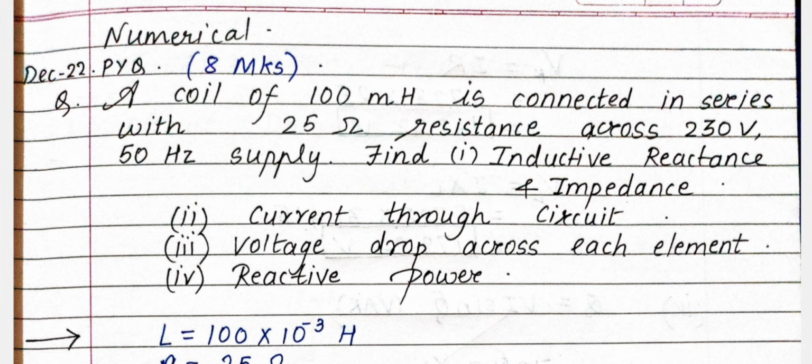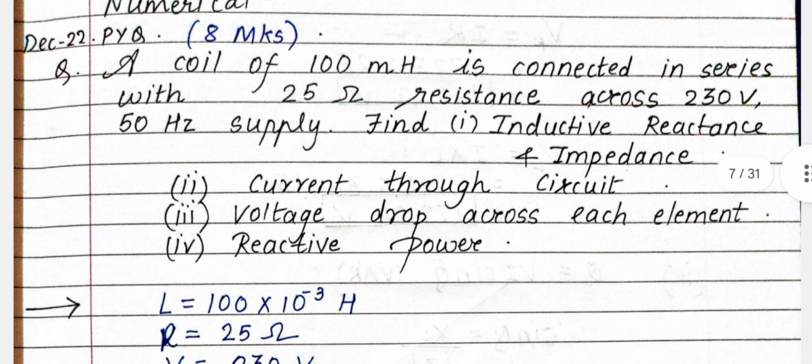A coil of 100 millihenry is connected in series, that is what is given. Here millihenry is given and henry is the unit, so we can understand. Every time it will not say that it is inductance or inductor, you have to make out from the unit. So here you can write given L is equal to 100 into 10 raised to -3 henry.